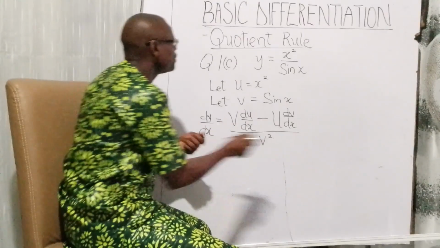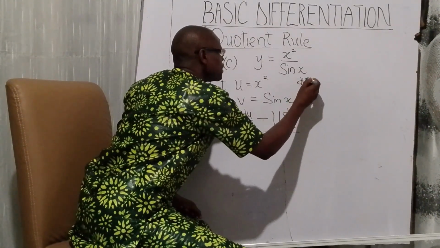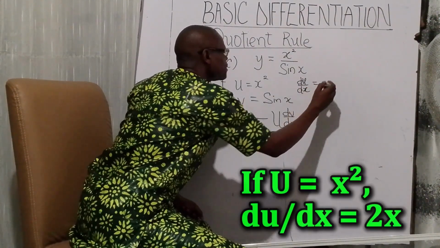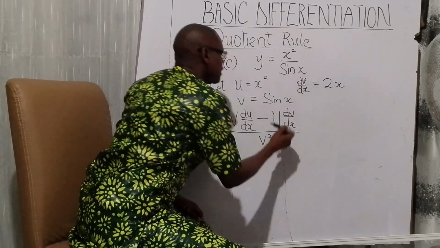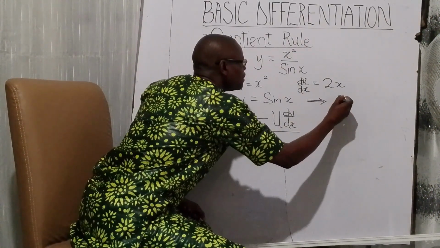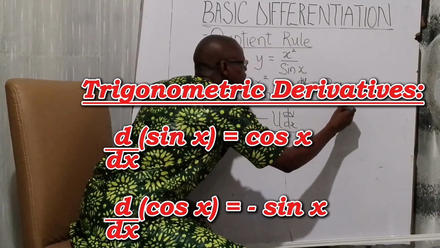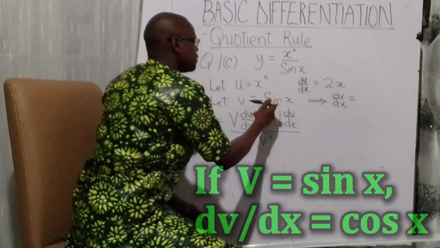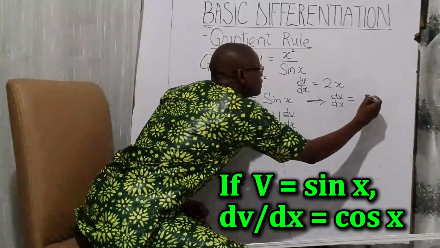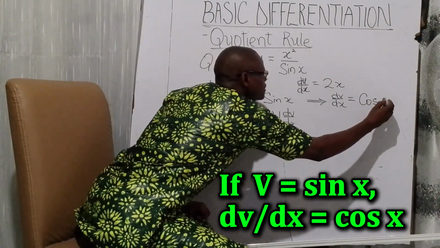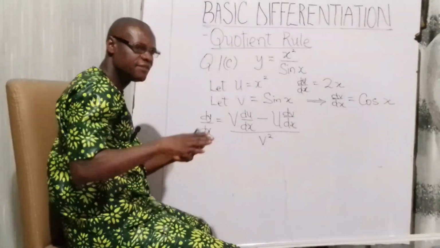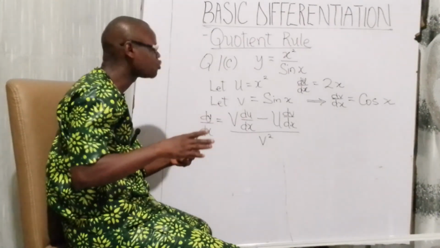If we differentiate u with respect to x, that is du/dx, that gives 2x, and our dv/dx, when you differentiate sine x, gives cos x. That is under the derivatives of trigonometric functions.